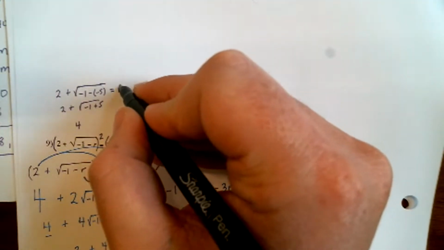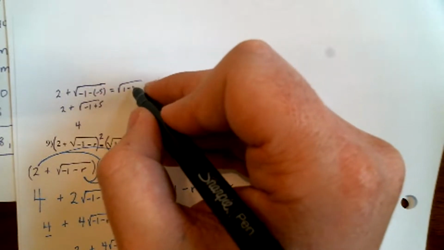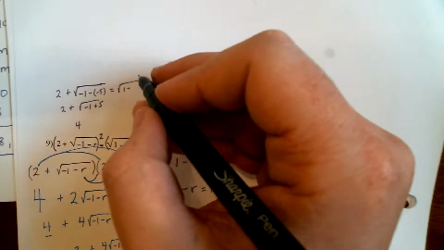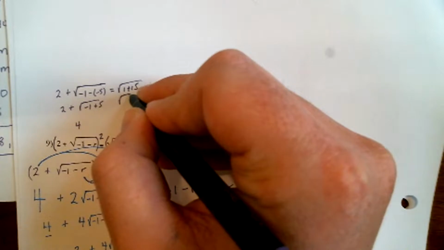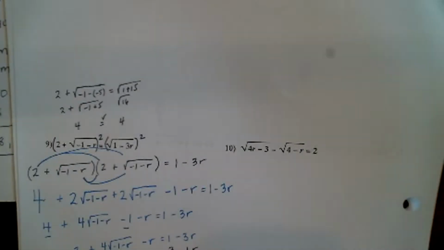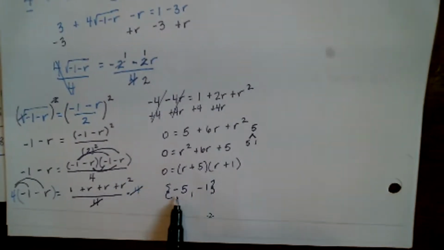Equals radical 1 minus 3 times negative 5 would be positive 15, which would be radical 16, which is 4. So negative 5 works. Negative 5 is, my goodness, negative 5 is good.